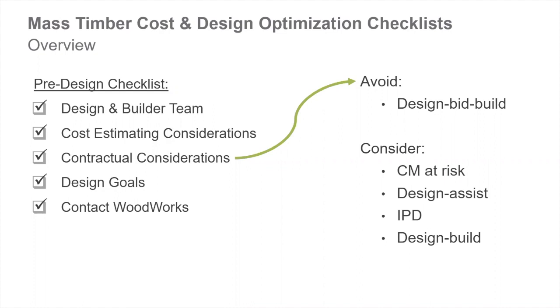Your typical design-bid-build delivery method is definitely not recommended for a prefabricated mass timber building, since it does not involve the builder until later, right? So choosing a delivery method and setting up the contracts to bring in the builder and other specialists early is key to optimizing the cost of this mass timber building.